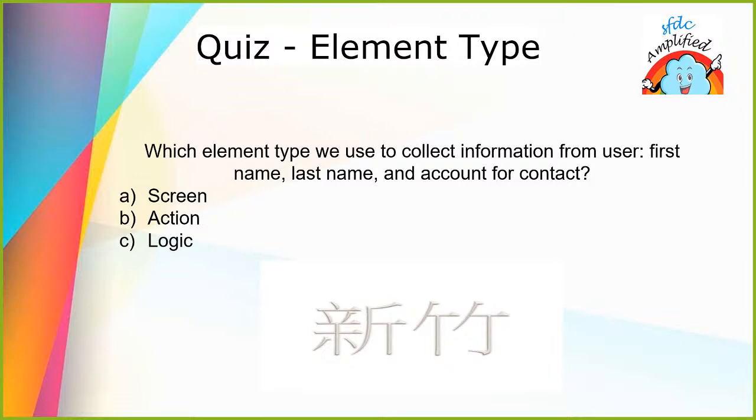Okay, so the correct answer is screen. Like I told you, we can create a form where we can have the screen in which we can drag and have first name, last name. So there we use the screen. So it's a screen type. So the next question is coming up. Be ready.